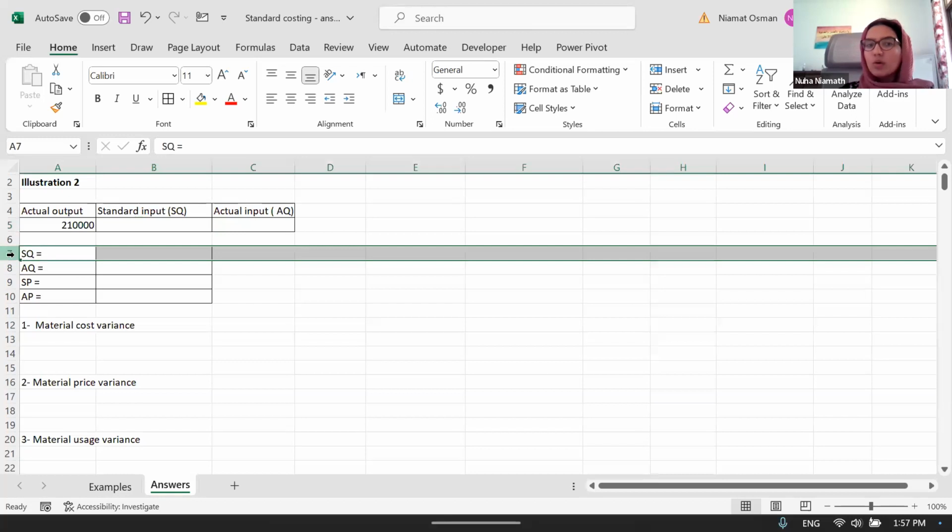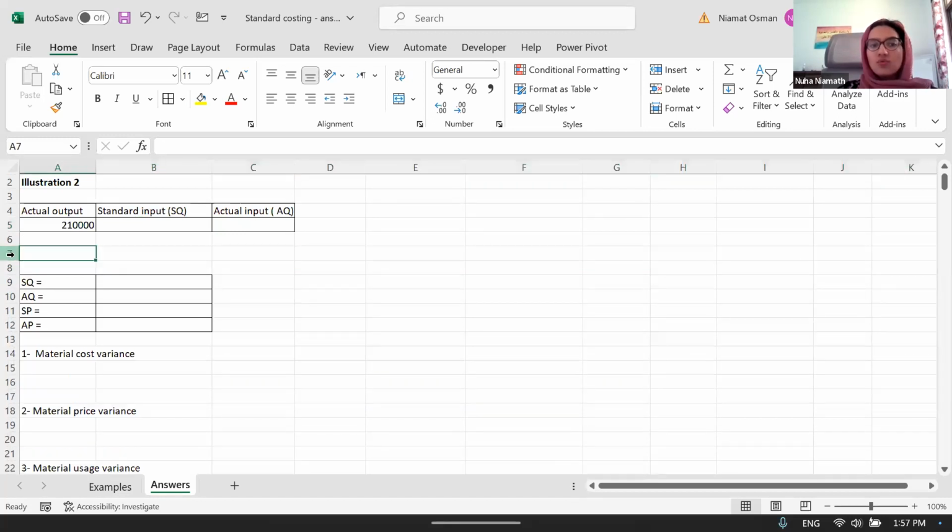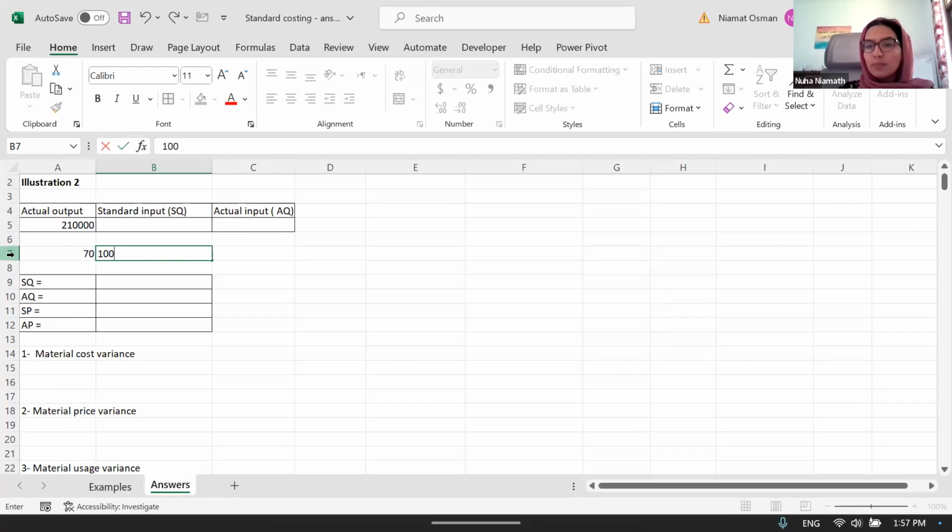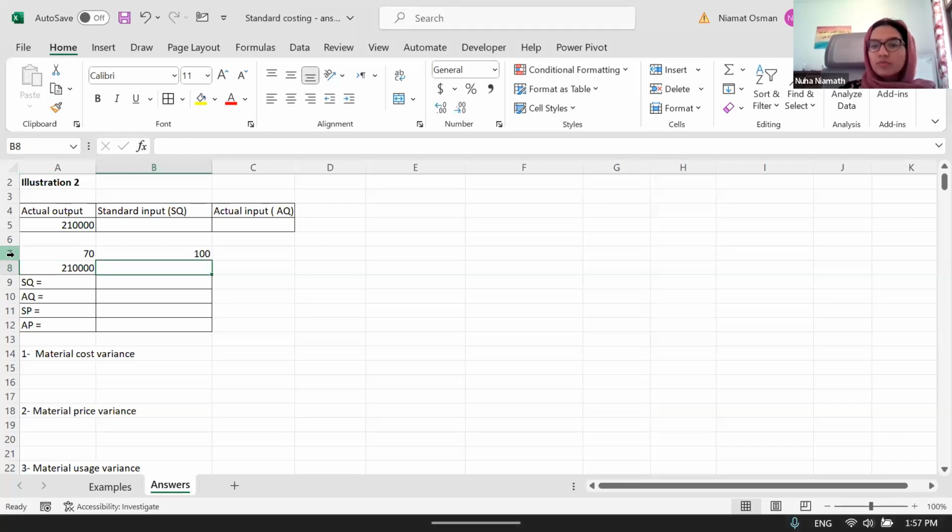We make a quick working here. For 70 kgs, we are using 100 kgs of input. So for 2,10,000, how much we will use? 2,10,000 into 100 by 70.